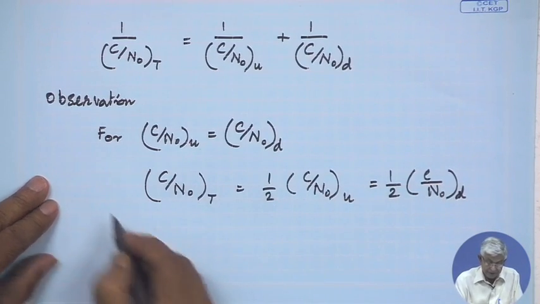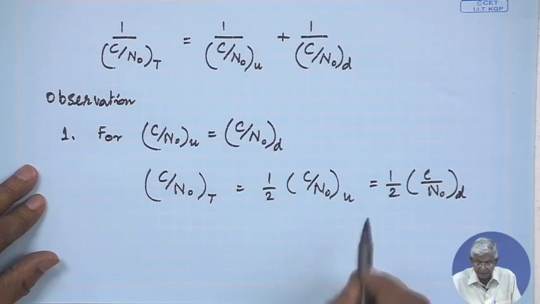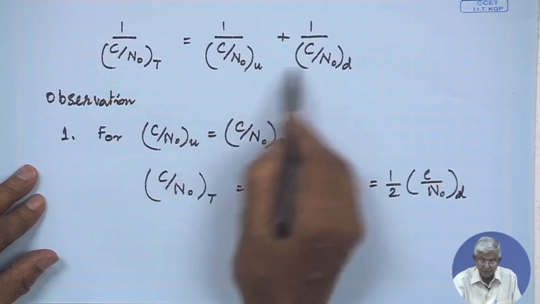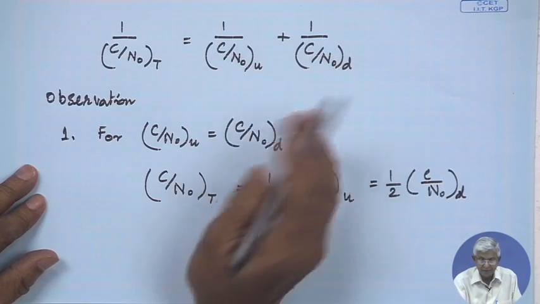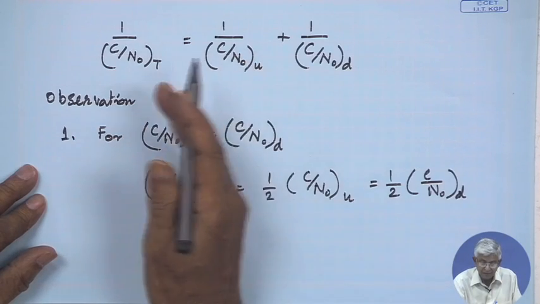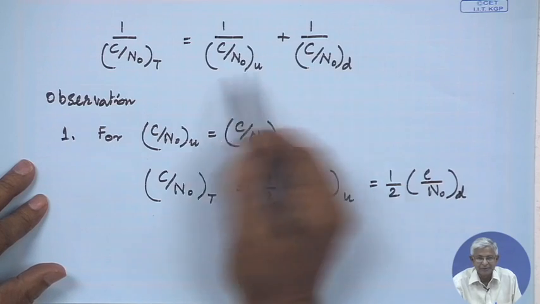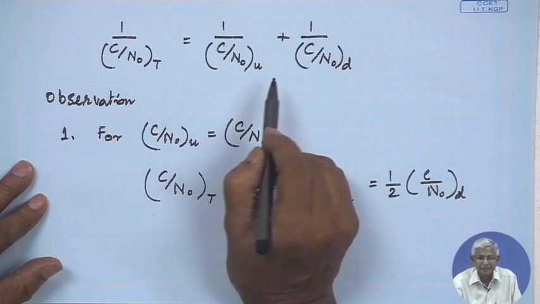That is one of the observations. In dB terms you will see it is 3 dB down, since both of them are equal. It is half of C by N0 up and C by N0 down, whichever you take, when both are equal.